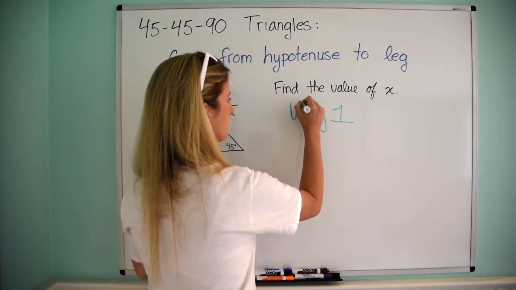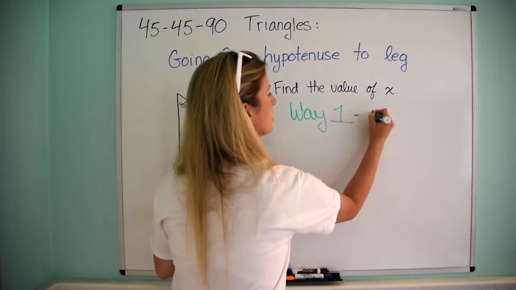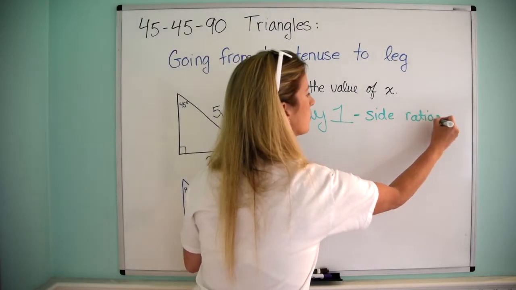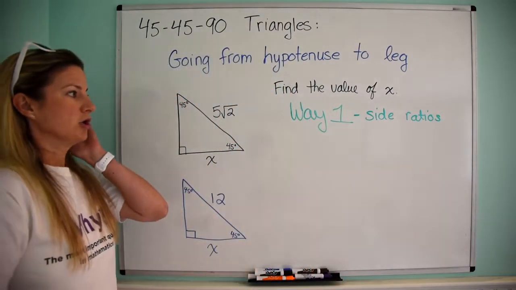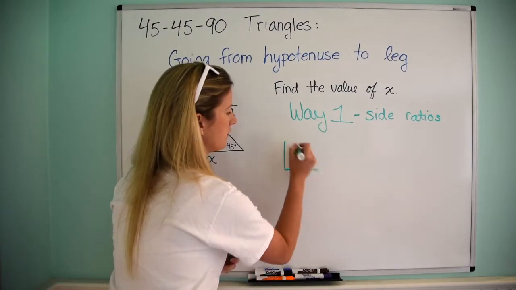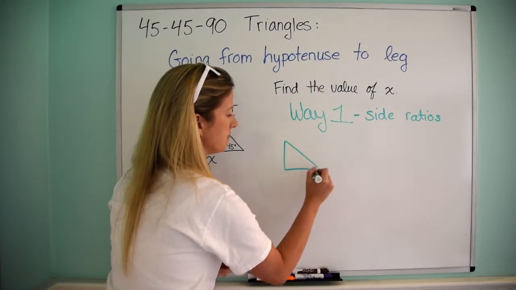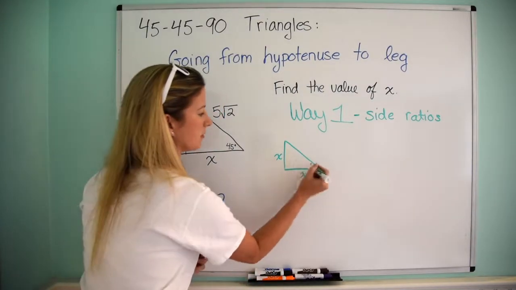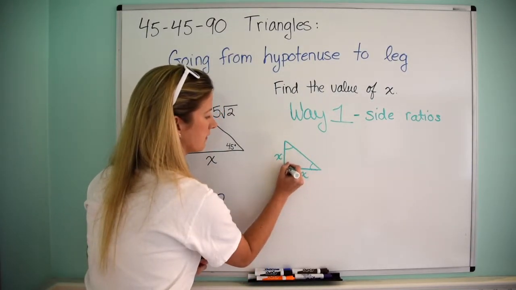So in way 1, I'll make that a capital W. Way 1, we are going to use the side ratios. So you probably remember from class that in a 45, 45, 90, if the measures of the legs are x, so remember this leg is going to be x, I'll just show you that that's the 45, 45, 90.